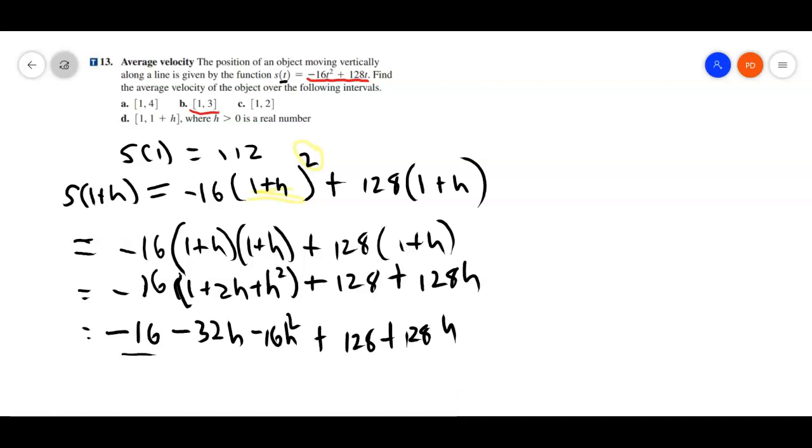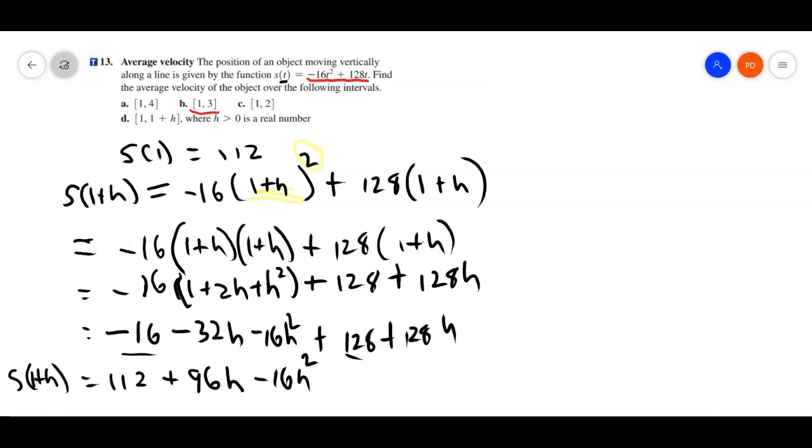So the negative 16 and the 128 gives me a positive 112. Negative 32h plus 128h gives me 96h. And I will still have the negative 16h squared. That all is S of 1 plus h.